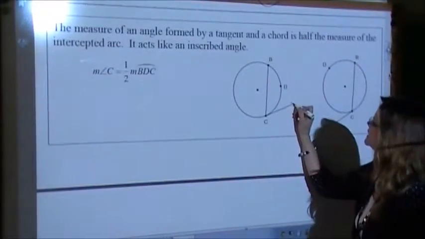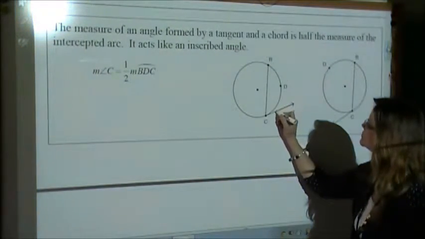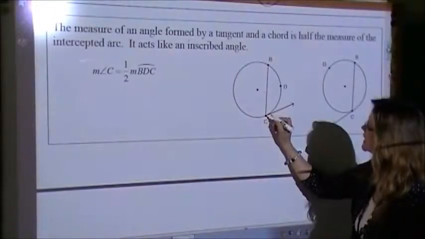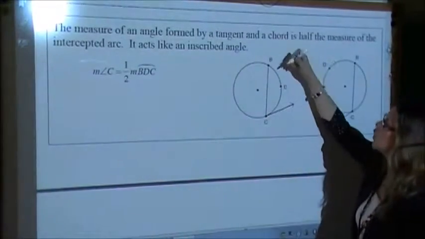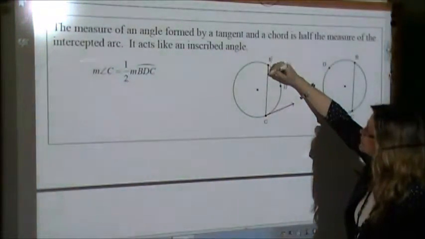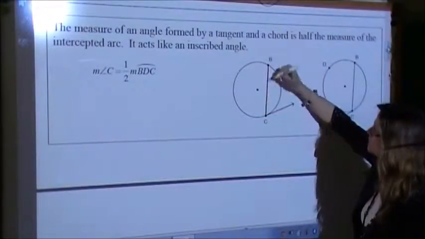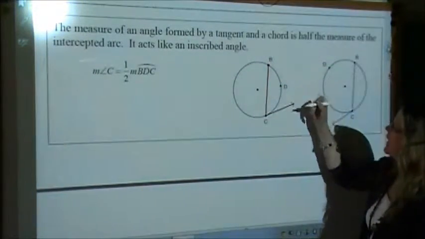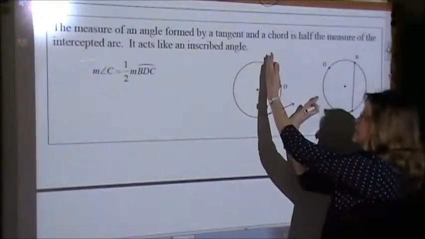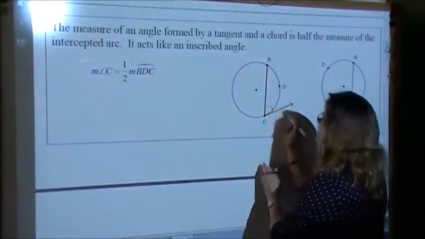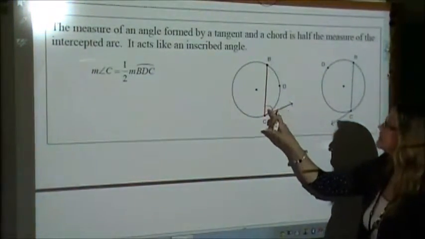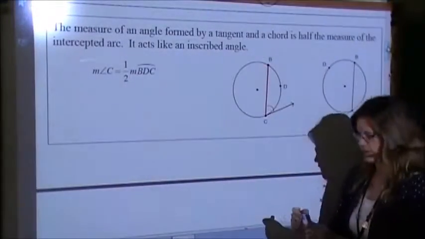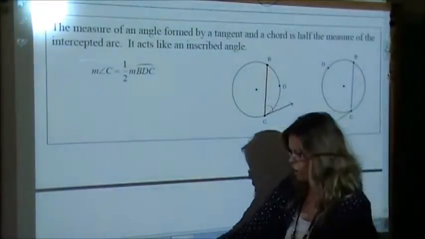If I have a tangent, here's a tangent, it's touching the circle once, it's on the outside of the circle, and a chord is a line segment inside the circle, both endpoints are on the circle. That makes an angle, where the two red lines came together makes this angle. It turns out this angle is half of its intercepted arc.